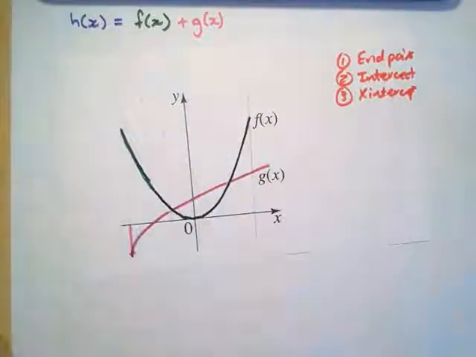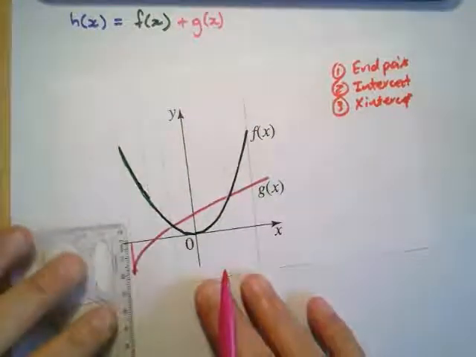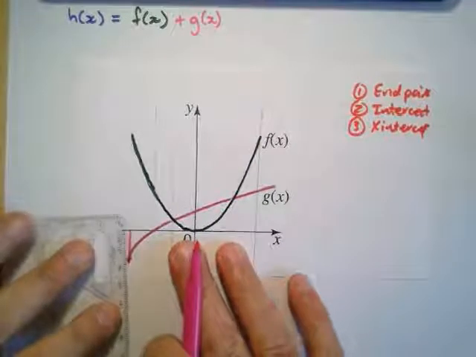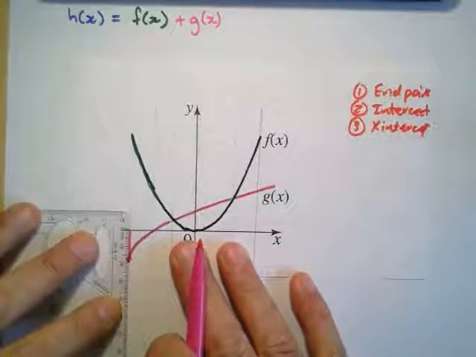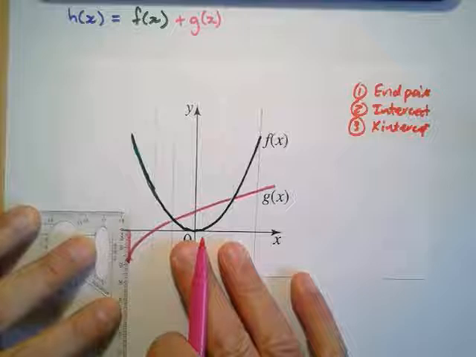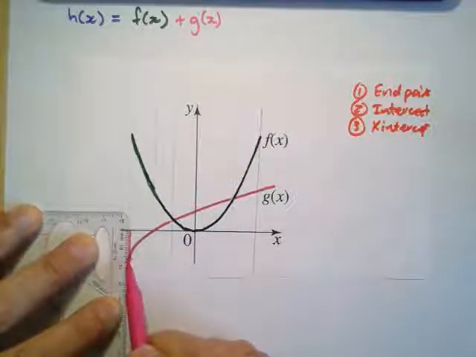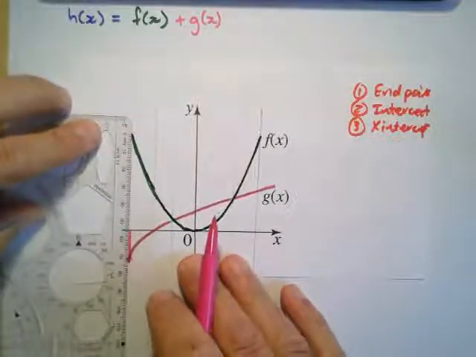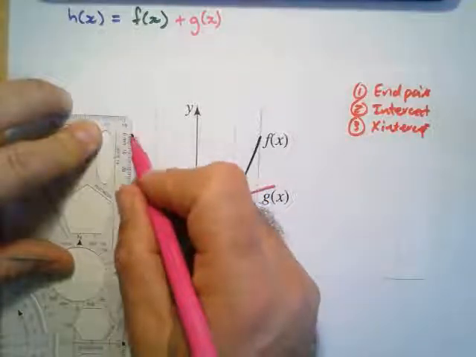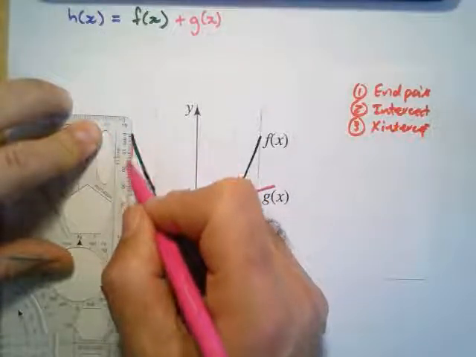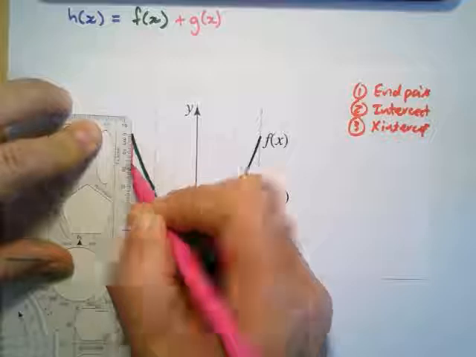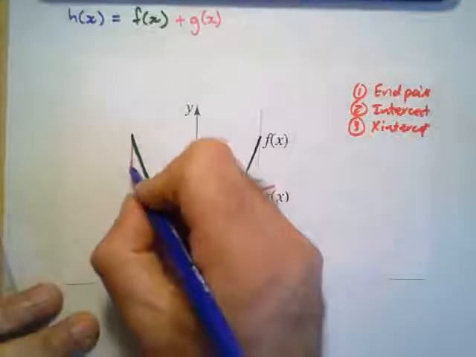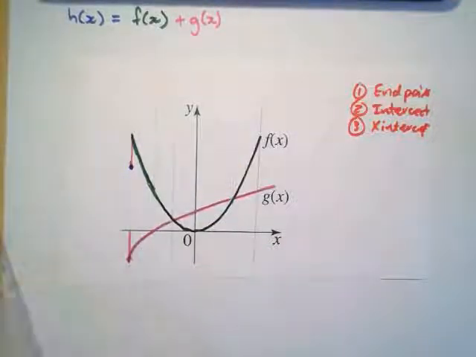Okay, so I'm going to do that by using a ruler. That distance looks like, really roughly, about 17 millimeters. So from there I'm going to bring that distance down 17 millimeters. And that is then the first point of h(x).